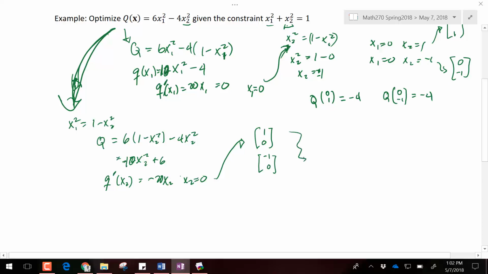And then this will give us a Q of positive or -1, and 0 is equal to 6, which should be our maximum value. So these values represent the maximum value for the quadratic form, given that you're within this constraint.